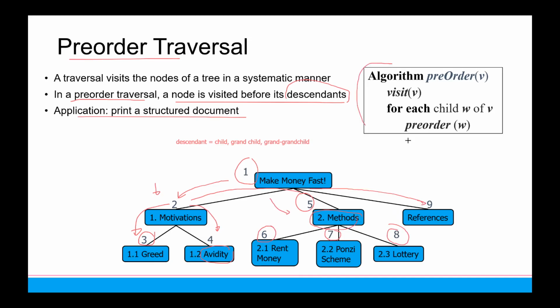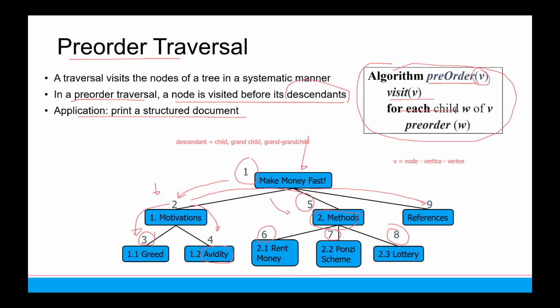So the algorithm is something like this. We do the pre-order V. V is usually used to represent the node, or we can say V is vertex. Sometimes people also use the vertex to represent a node. So we want to visit V at the first time.